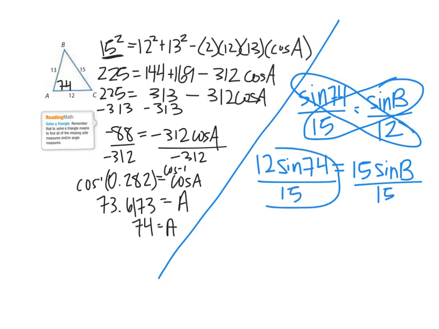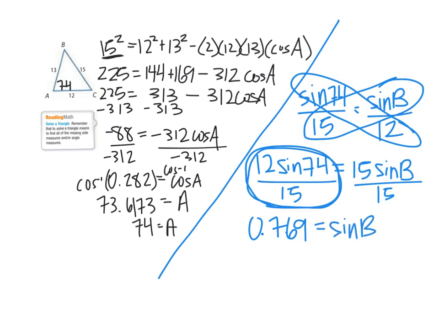And this part that I'm circling right now is what I type into my calculator. So I type in 12 times the sine of 74 divided by 15, and that is equal to 0.76900, etc. That's going to equal the sine of angle B.